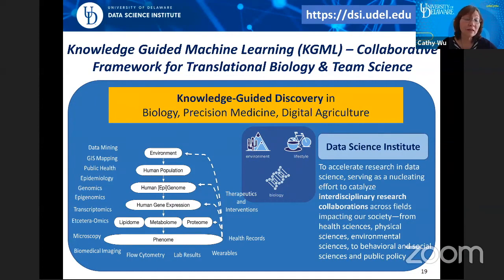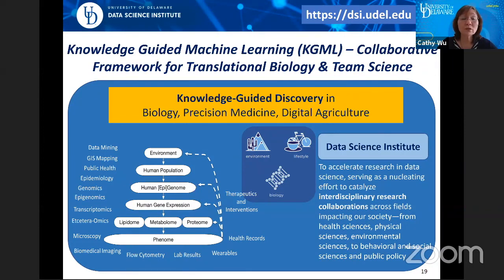To harness the data revolution and accelerate research in data science certainly requires interdisciplinary research collaborations across fields impacting society, so well put together by this workshop. At the University of Delaware, we established the Data Science Institute to bring together faculty and students from all 8 colleges across campus, from health sciences, physical sciences, environmental sciences to behavioral and social sciences and public policy.